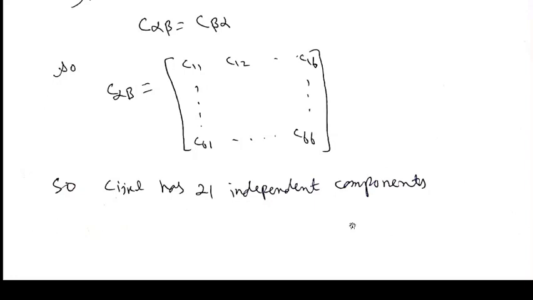Like the stress and strain tensors, they have 6 independent components but 9 components in total. In a similar way, the elasticity tensor has 81 components but only 21 independent components. If you know the 21 components, then you can write all the other 60 components to obtain the total 81 components. So to get all the components, you need only the 21 independent components.